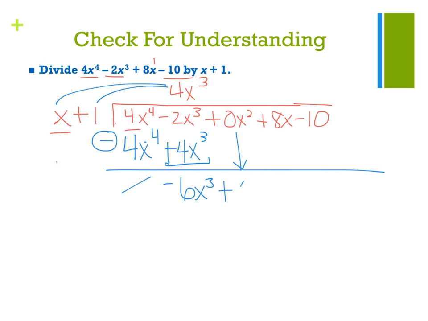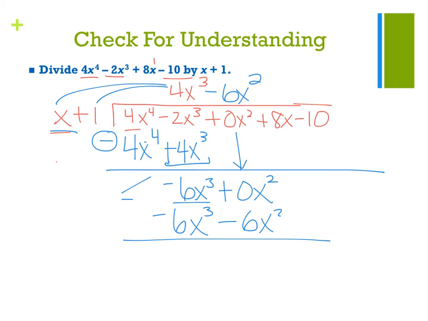I'm going to carry my 0x squared down, and I am going to divide x into negative 6x cubed, which gives me negative 6x squared. Negative 6x squared times x is negative 6x cubed. Negative 6x squared times 1 is negative 6x squared.